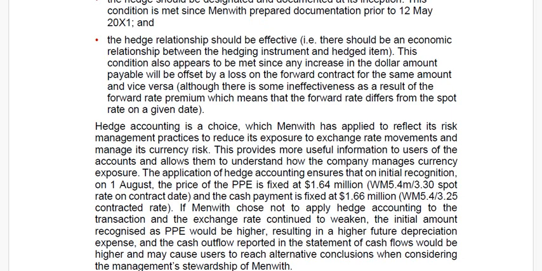Hedge accounting is a choice which Menwith has applied to reflect its risk management practice to reduce its exposure to exchange rate movements and manage its currency risk. This provides more useful information to users of the accounts and allows them to understand how the company manages currency exposure.